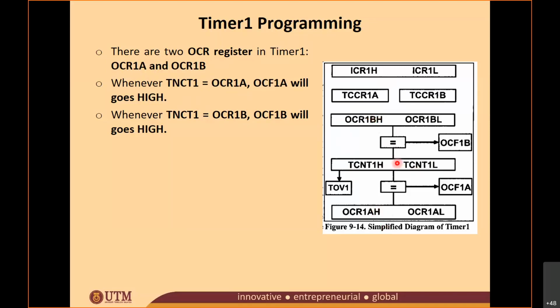If you compare your TCNT1 with OCR1A, the OCF1A flag will go high whenever these two values are equal. If you compare with OCR1B, you monitor the OCF1B flag. And this is the setting: you have TCCR1A and TCCR1B to do the setting for Timer1.